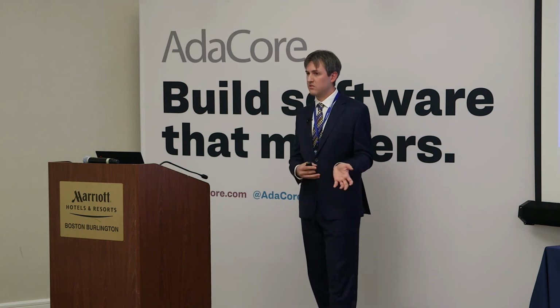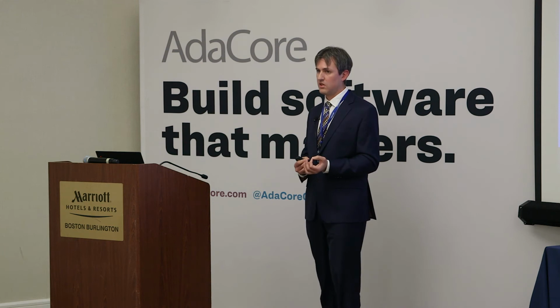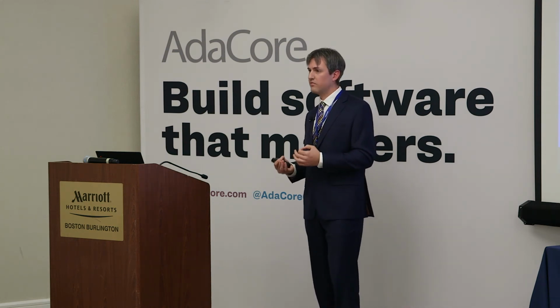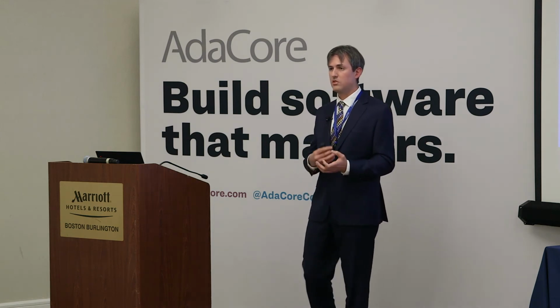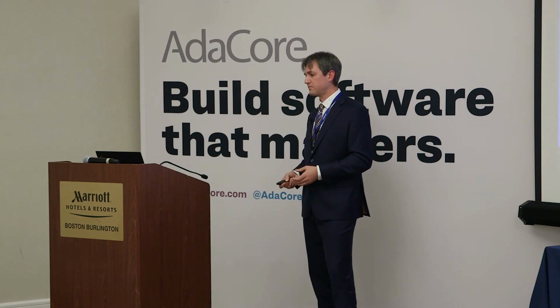One of the reasons I like this definition is that it makes an argument a central part of an assurance case. I also really like this definition because it makes it clear that evidence is a fundamental component of an argument. You can't have an argument without evidence, and that's very clear in this definition.